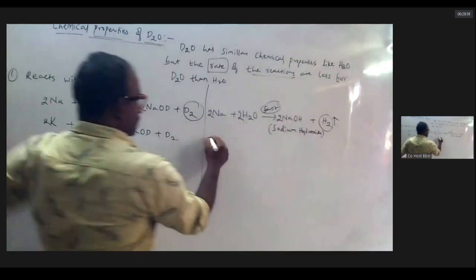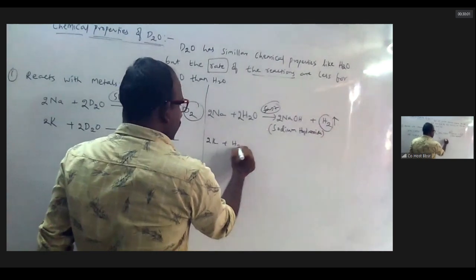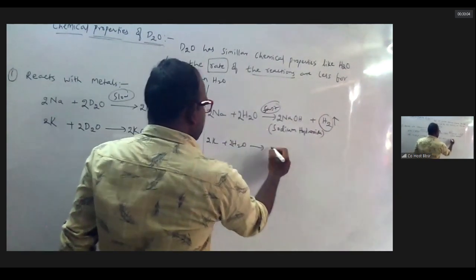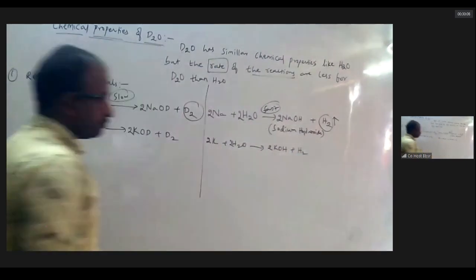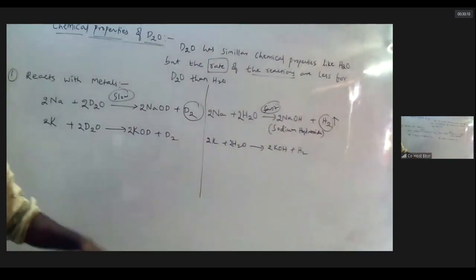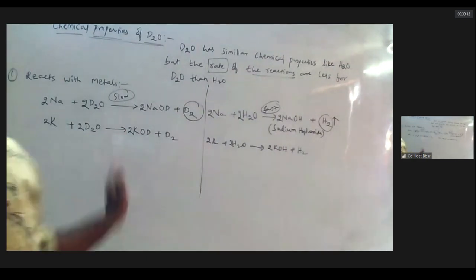Same thing here also: 2K plus 2H2O gives 2KOH plus H2. Right, same reaction, but the speed is different.